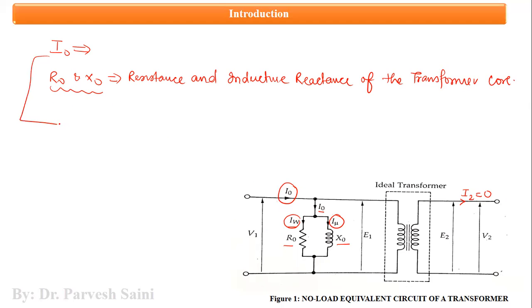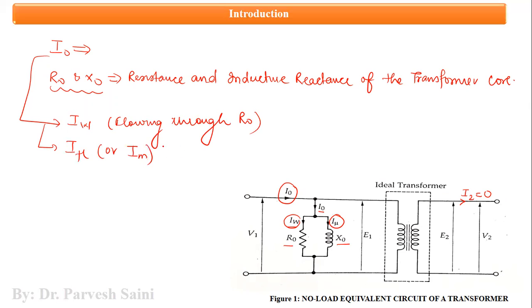And this current I naught is dividing into two components. One is IW, as you can see, flowing through R naught, and the second component is I mu, or it can also be written as IM, which is flowing through X naught, where X naught is the inductive reactance of the transformer.